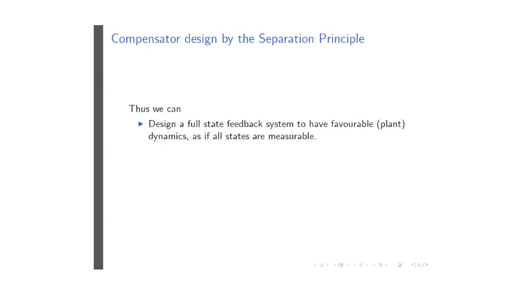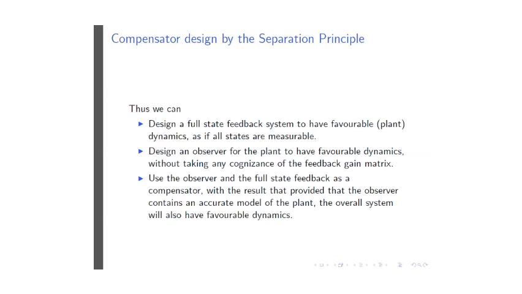So this is really what I've already just now said, these 2 points. Of course, the implication is this third bullet here, that if we use the observer and the full state feedback, be careful now, this full state feedback only refers to the feedback, not to the plant, but the feedback that was designed for the plant.